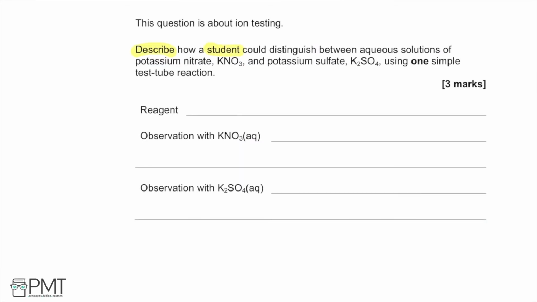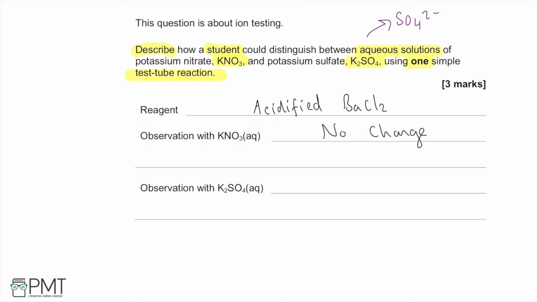Describe how a student could distinguish between aqueous solutions of potassium nitrate, KNO3, and potassium sulfate, K2SO4, using one simple test tube reaction. Now, we know, by using our knowledge of testing for sulfate ions, that using acidified BaCl2, which is barium chloride, will result in no visible change for KNO3, but there will be a white precipitate produced of BaSO4.